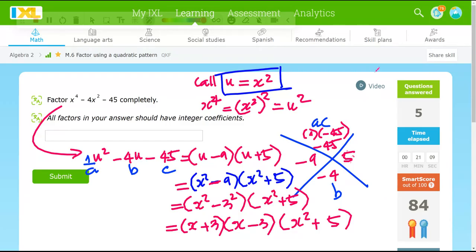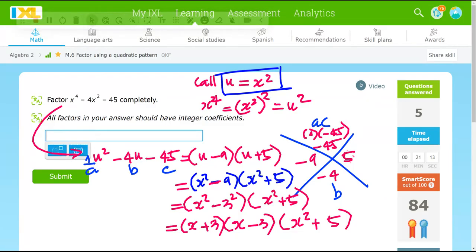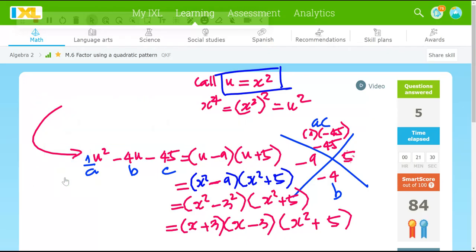Here we go, so I put in the answer. I got x plus 3, x subtract 3, x squared plus 5. Voila.